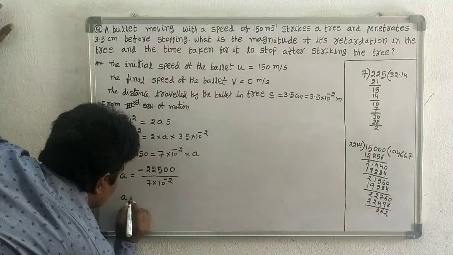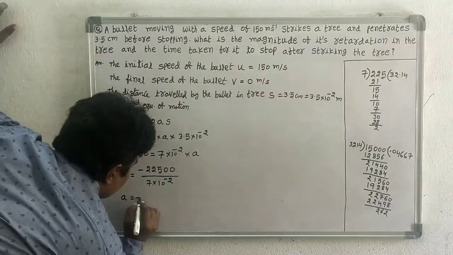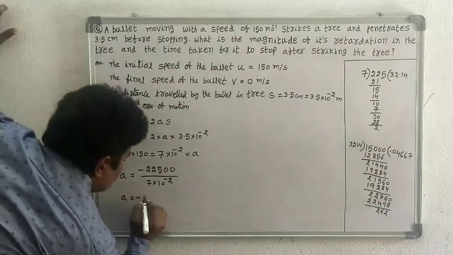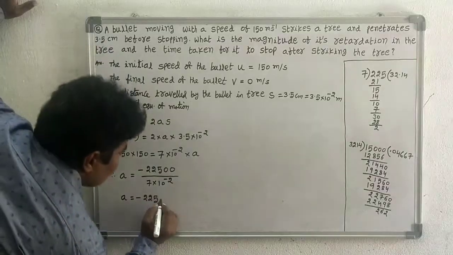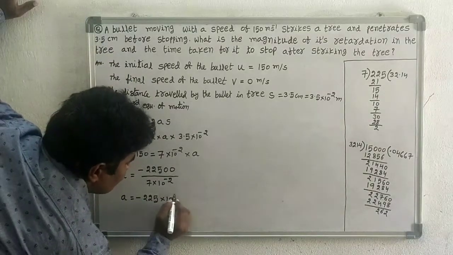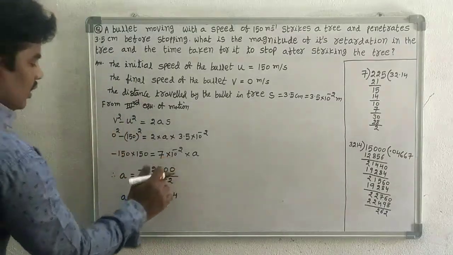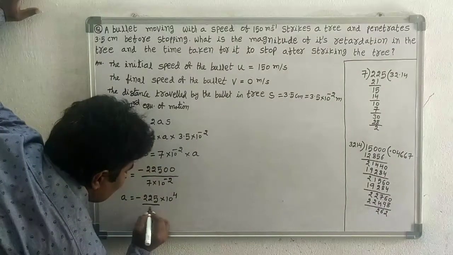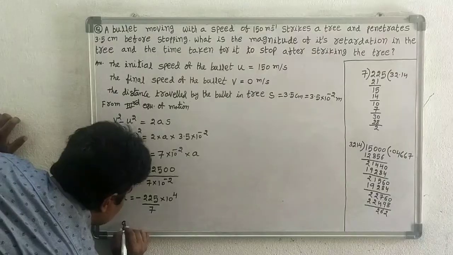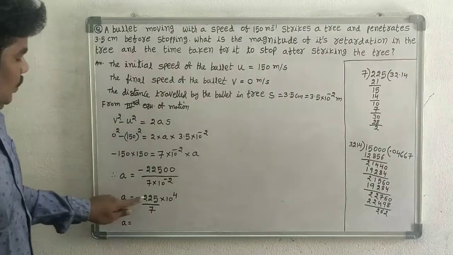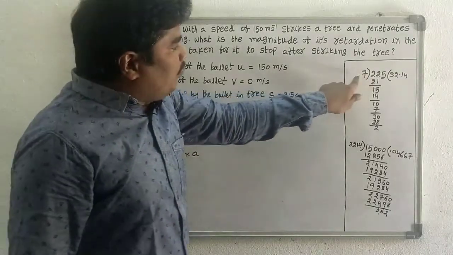Finally, we get a is equal to minus 225 into 10 to the power of 4 by 7.